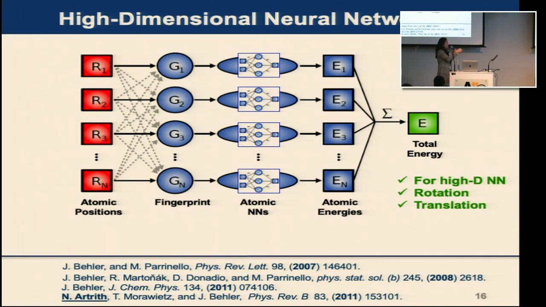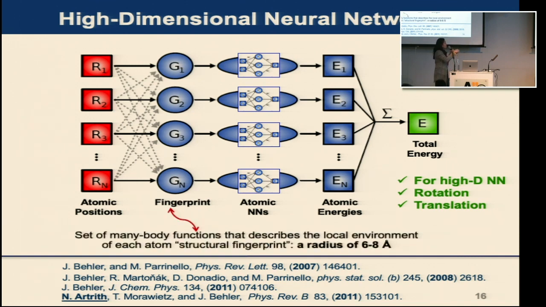But before that, the input layer is the atomic position, the XYZ coordinates, right? It's transformed to a set of many-body functions which describe the local environment of each atom, which we could also call a fingerprint. And usually for the materials that we are interested in, we use a radial cutoff of 6 to 8 angstrom.